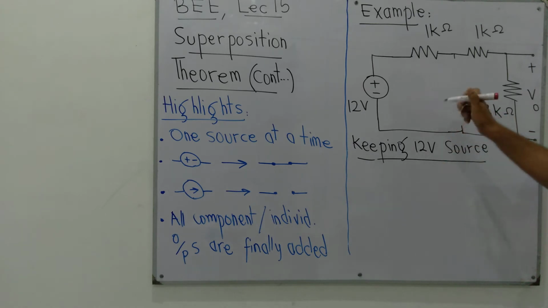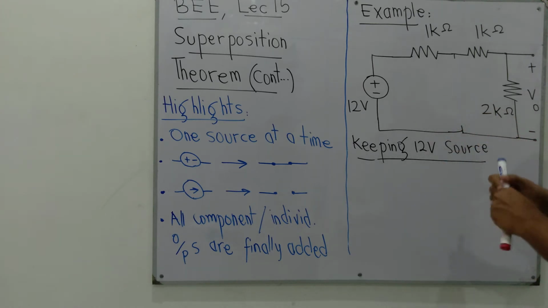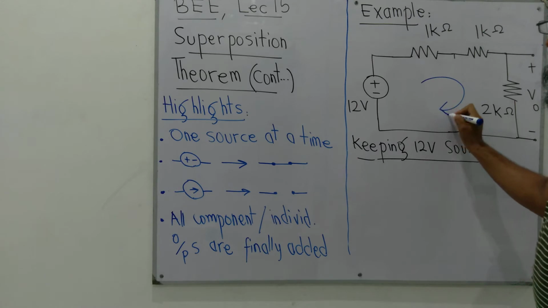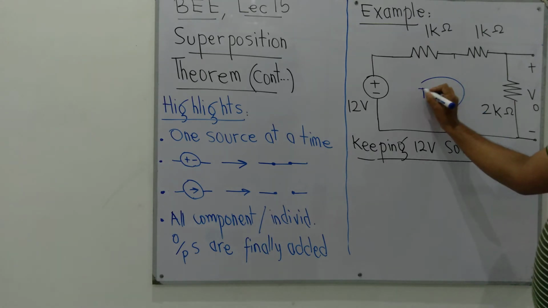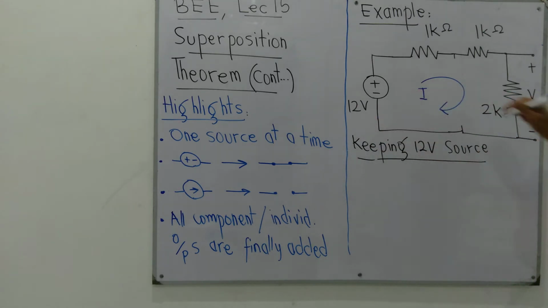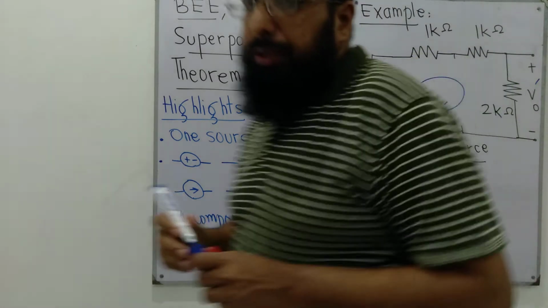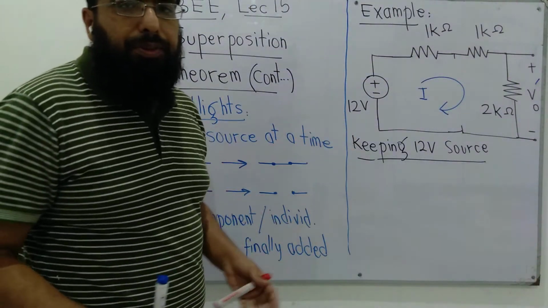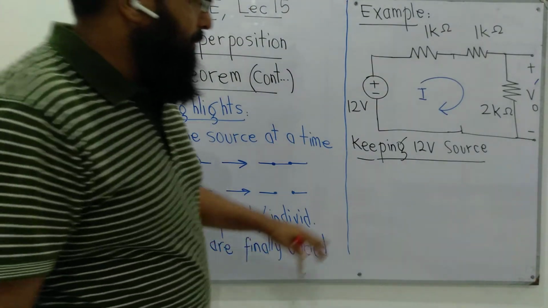Once done, now we have only one loop with one voltage source, 12 volt, and we are asked to find the voltage drop across this 2 kilo ohm resistor. We'll call this V out prime because it's a component solution, a part of a solution.